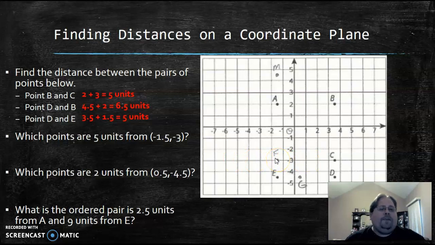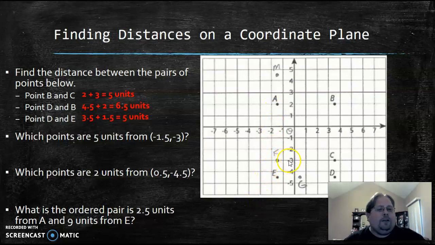But we can count up 5 units from F to see if there's anything above. We know it's 3 units to the x-axis, and then to get 5, we will go another 2 units to A. So point A would be 5 units away.